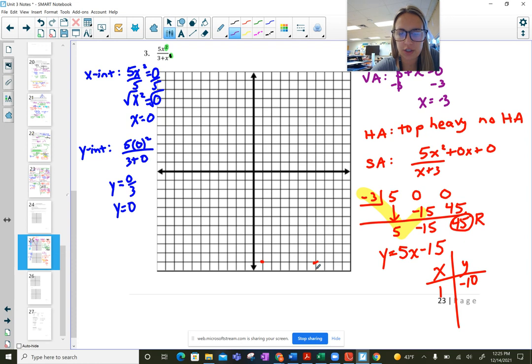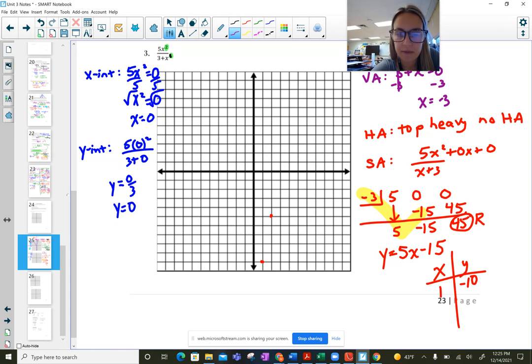And then from there, you could just do a slope of 5. So you go up 5, 1, 2, 3, 4 over 1. Oh, wait, why am I doing 4? 1, 2, 3, 4, 5 over 1. Holy Moses. I even said 5.